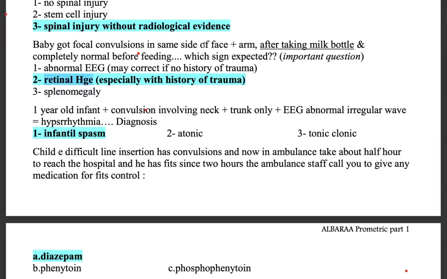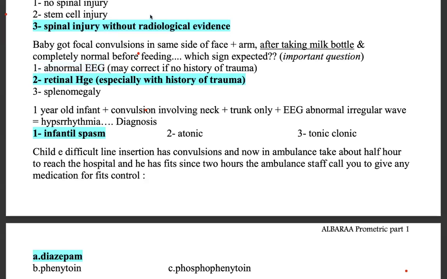Retinal hemorrhage plus convulsions of face and arms means there can be some bleeding or trauma to the brain as well. But in the question, if they don't specify a history of trauma, then you have to consider abnormal EEG. This is what he's telling.